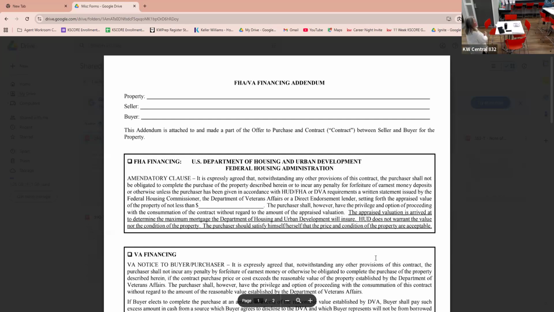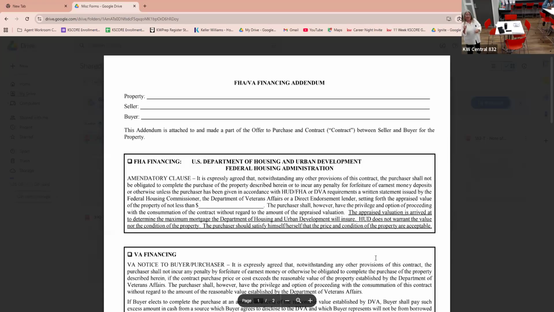All right, so today is miscellaneous forms. These are those forms that we don't use on a regular basis. We may not use them on every transaction, but when do we need to use them and how do we properly complete them? Okay, so we're going to start with the FHA VA financing addendum. If the loan is FHA or VA, you use this addendum. This is a government form, so we have to make sure that this one is completed correctly.